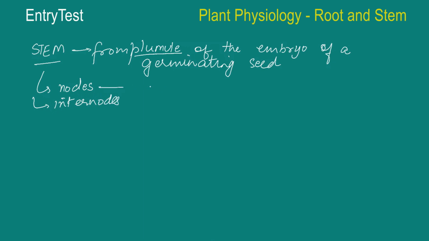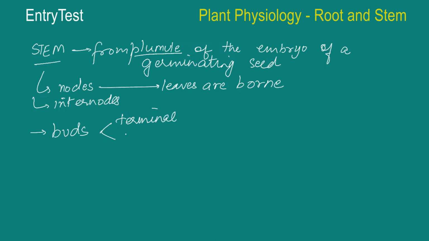The region of the stem where leaves are born is called the node. And the region between two nodes, the portion between the nodes, is known as an internode. The stem also has buds that can be either terminal or axillary.